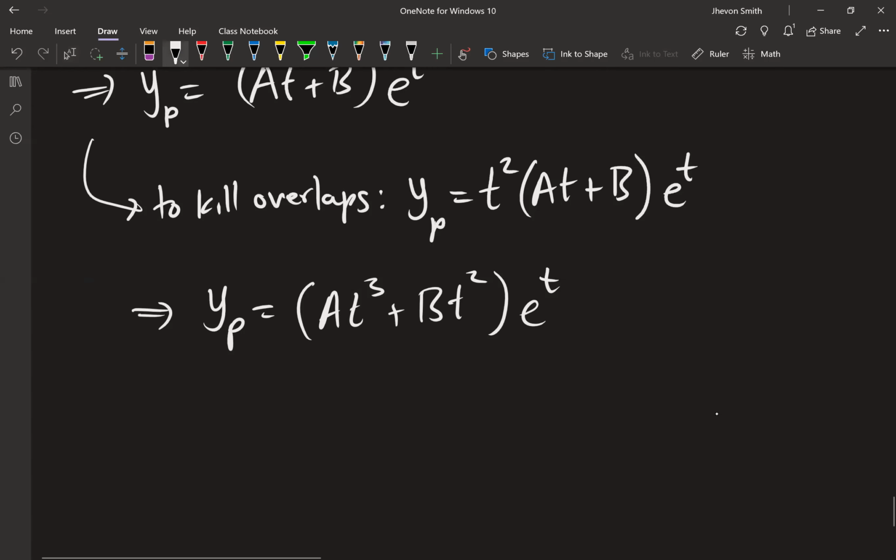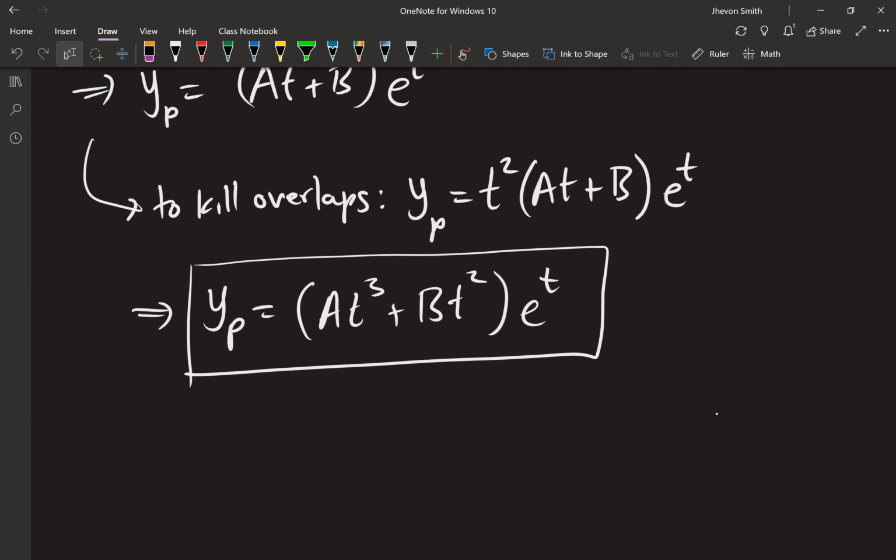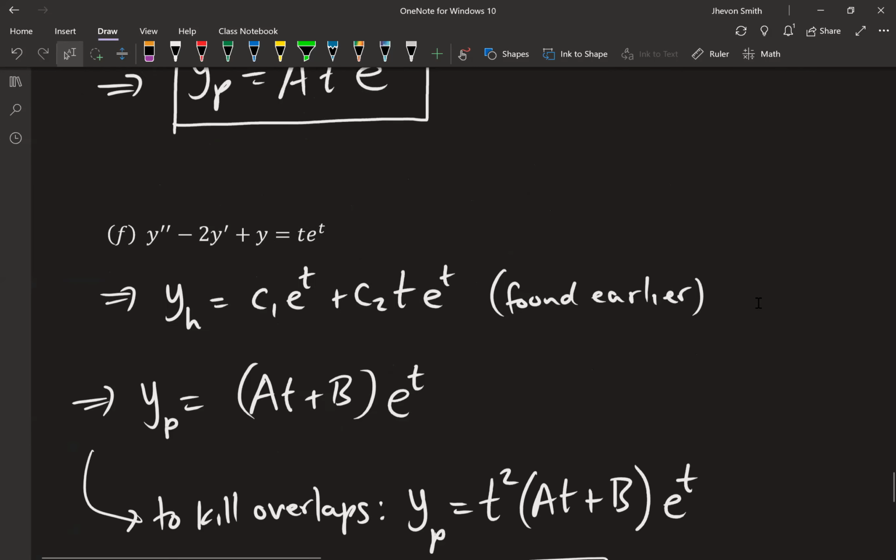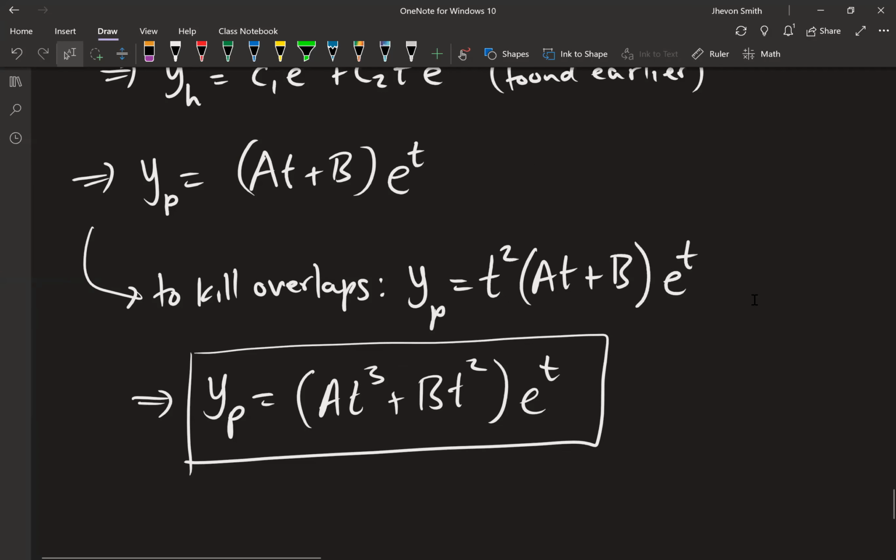So this is what your YP should look like for example F. Did anyone get that? F? No, we were still off in F. No, we're still off.